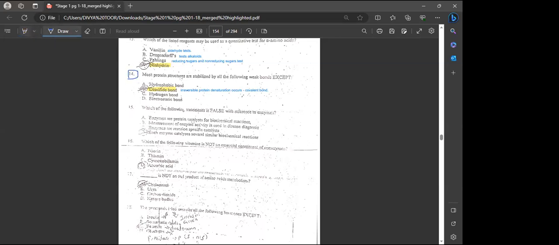All right. Which of the following statements is false with reference to enzymes? Enzymes are protein catalysts for biochemical reactions. Measurement of enzyme activity is used in disease diagnosis. Enzymes are reaction-specific catalysts, and each enzyme catalyzes several similar biochemical reactions. Don't some also break, as in lyse?